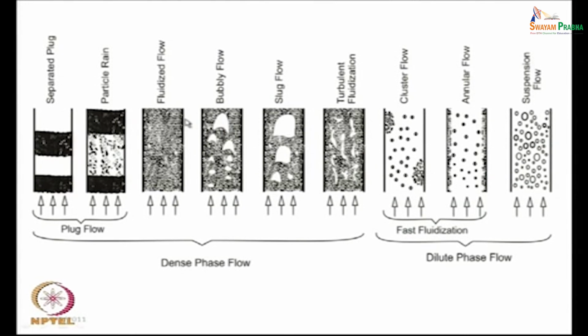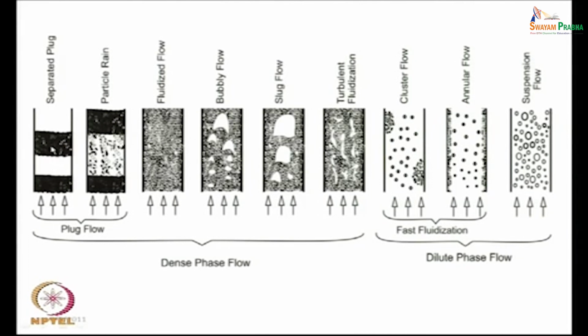Now, in pneumatic conveying we have two other flow regimes which we do not have for fluidized bed. The first one is known as the plug flow regime. In the plug flow regime, particles are transported as plugs and they are separated by air gaps. Okay. So, this particular situation we do not have for fluidization, we have it for pneumatic conveying.